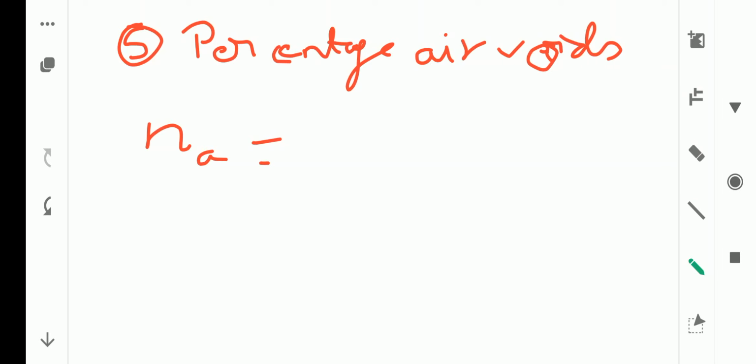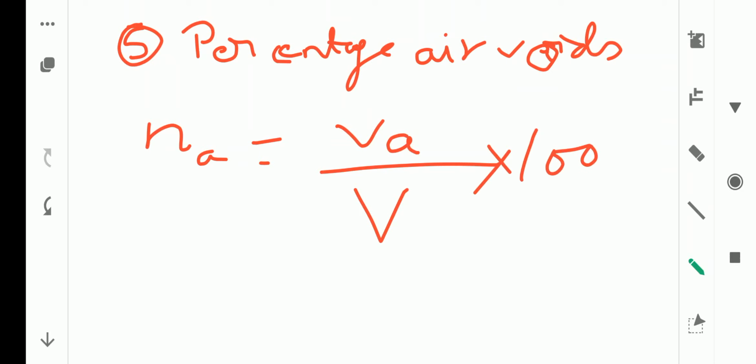We have seen previously that air content is volume of air to the volume of voids. But if we take the ratio of volume of air to the total volume and multiply it by 100, it will give us percentage air voids. That means with respect to the total volume of soil, what is the amount of air present in it, right?